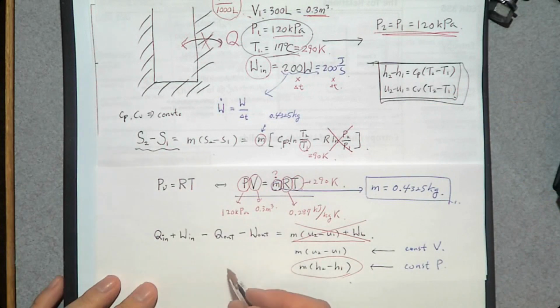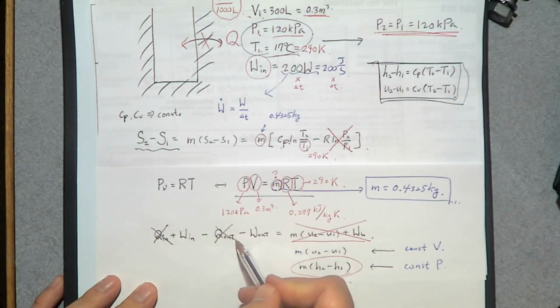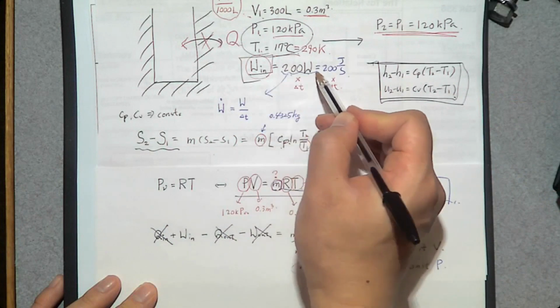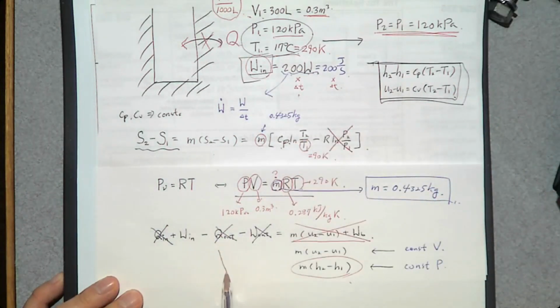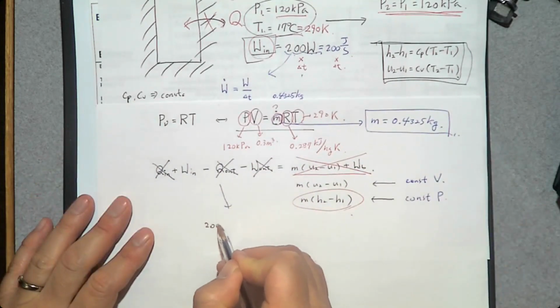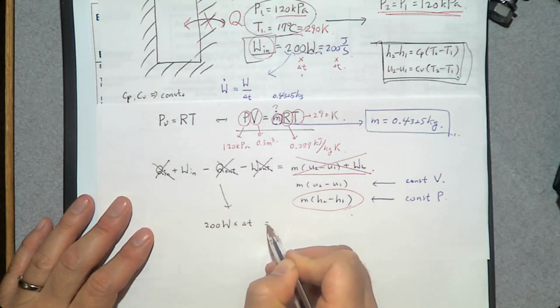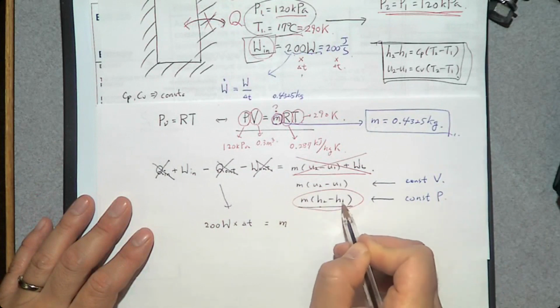And in this equation, we don't have Q in, Q out, W out. We have W in, which is 200 watt times delta T. So this equation becomes 200 watt times delta T is mass times H2 minus H1.